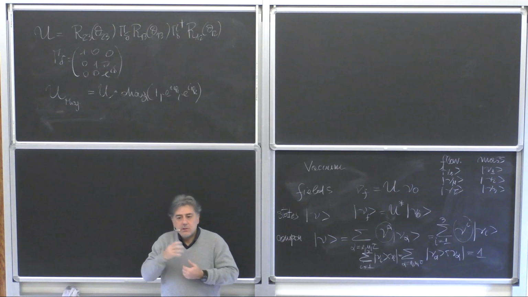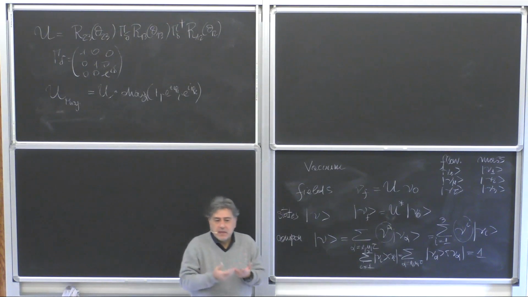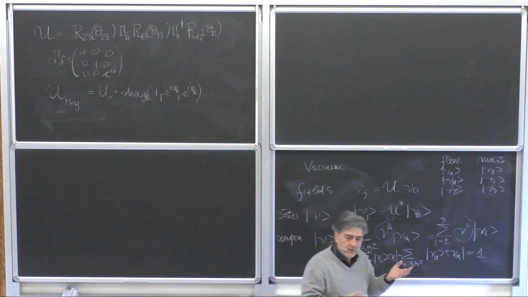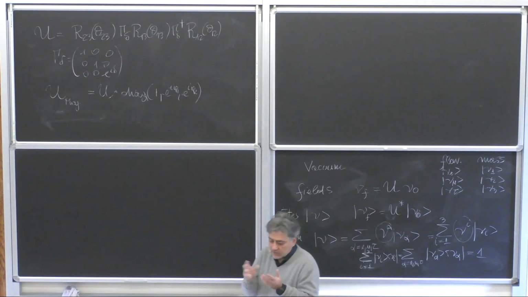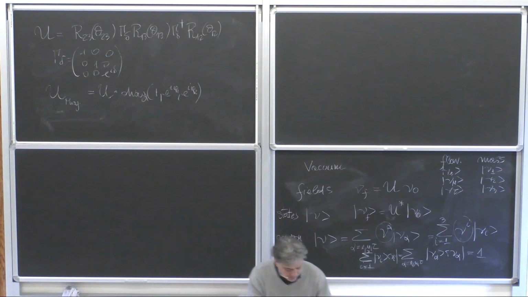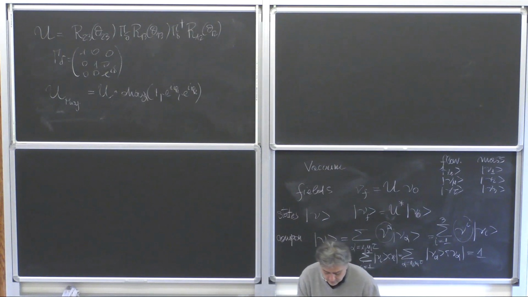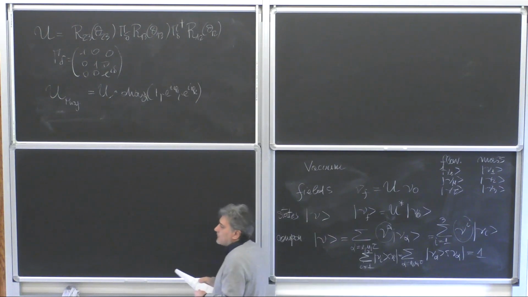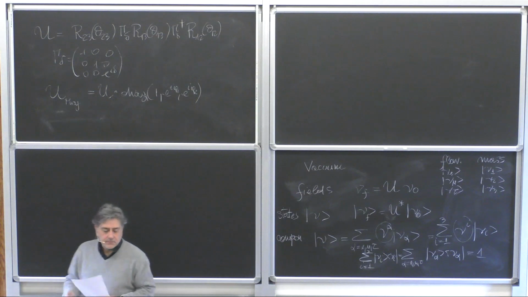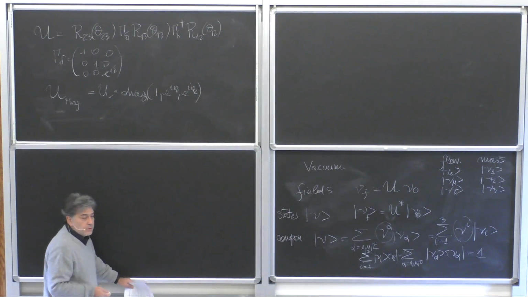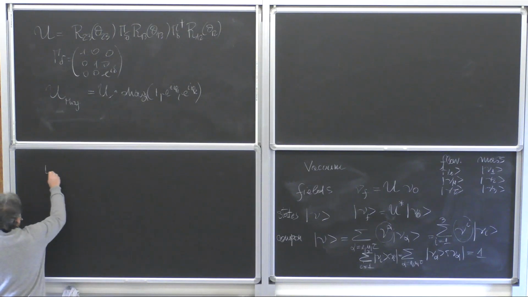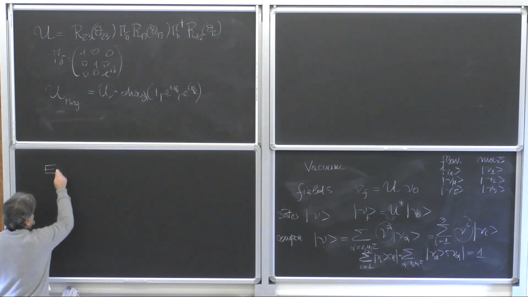And so the probability of detecting a neutrino of different flavor from the initial one is not zero. This is the oscillation phenomenon, a typical quantum mechanical process depending on the mixing. Now, we will often use this approximation.